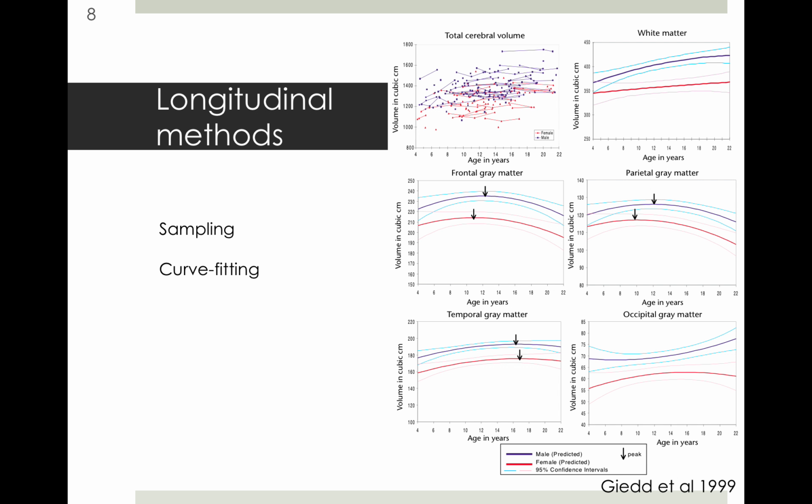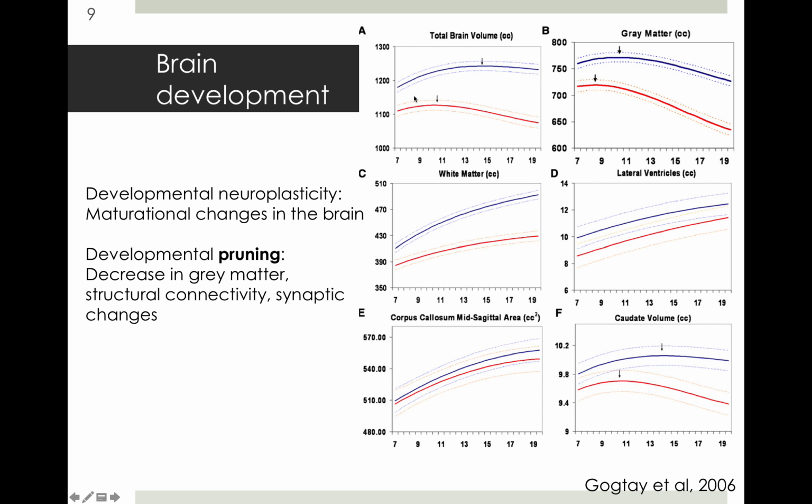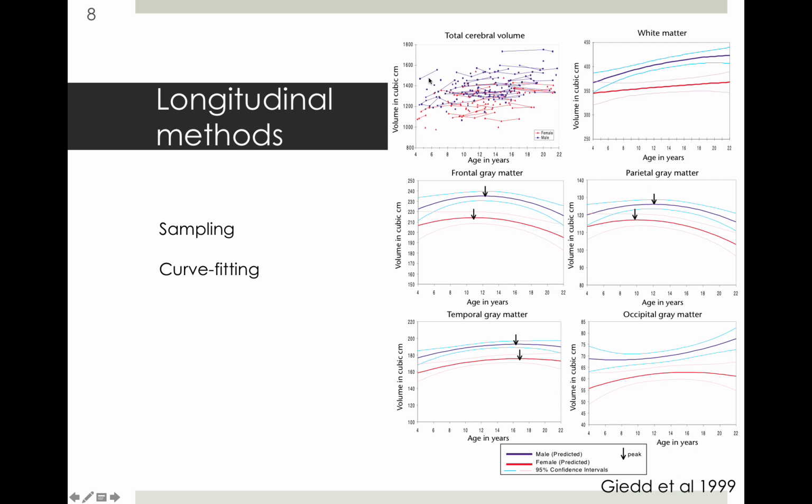So you can see one subject right here who came in around age 4.5, and then came back again around age 6 or 7. And there's another subject who came in for the first time at age 14, then again at age 20, and again at age 21.